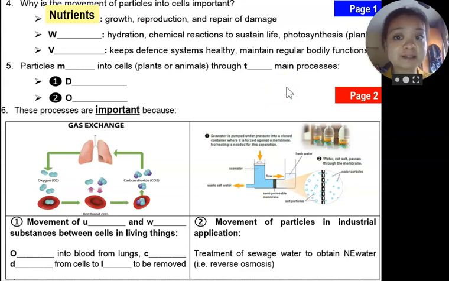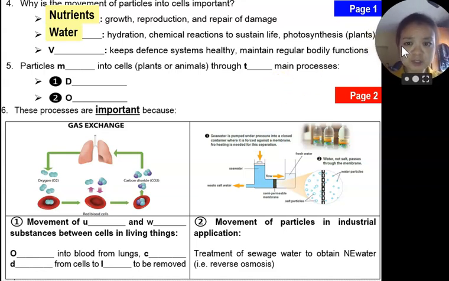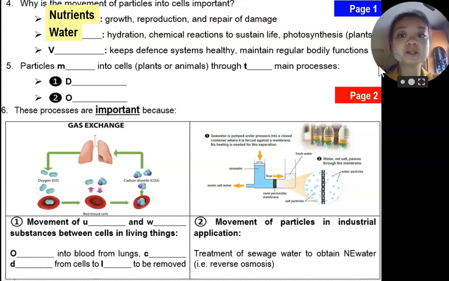Next, just like your plant cells and your animal cells, why must they have vacuoles? Vacuoles allow them to store water. Now, water is very important. Water is important for hydration, for chemical reactions, and it is also involved in the process of photosynthesis in plants. Now, your cells also require vitamins.